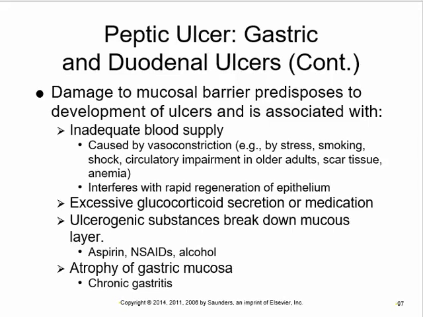Smoking, any sort of circulatory impairment, like shock, anything like that, anemia, interferes with the epithelium being able to repair itself. And so the damage doesn't get repaired and can grow.